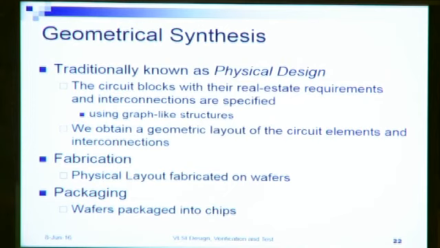So we obtain a geometrical layout of the circuit elements and interconnections. This graph-like structure is the input to the physical design step, and the output is what? You have the geometric layout of the circuit elements along with the interconnections as will be obtained on the substrate.